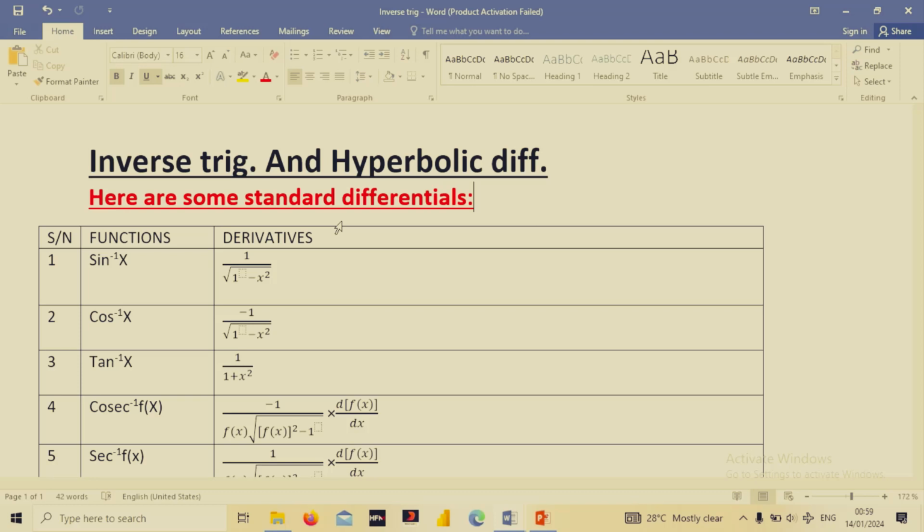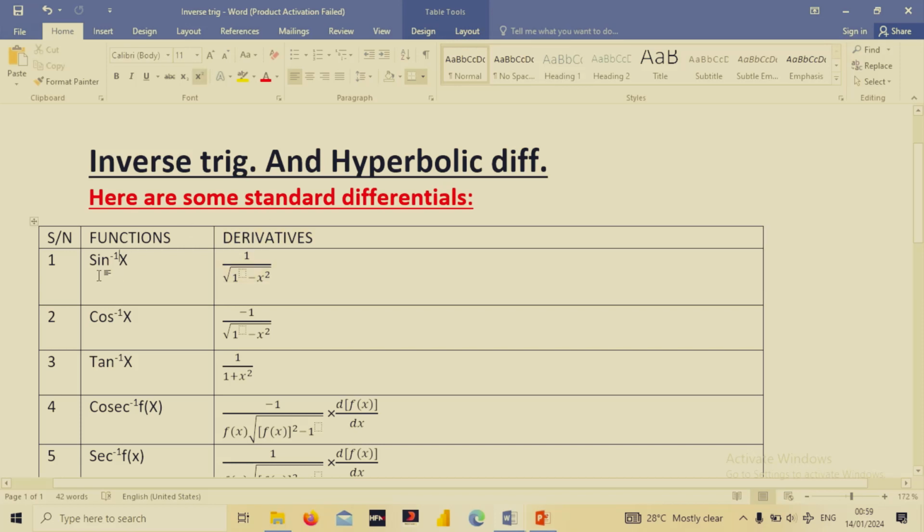differentiation problem. Okay, so today you can see on this table that we have functions here, and here are the derivatives, right?